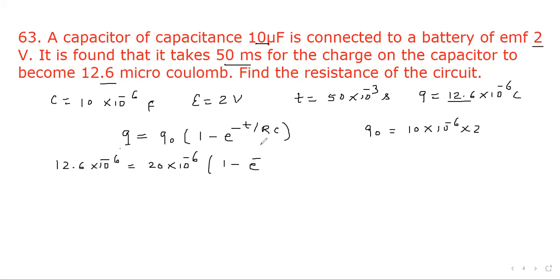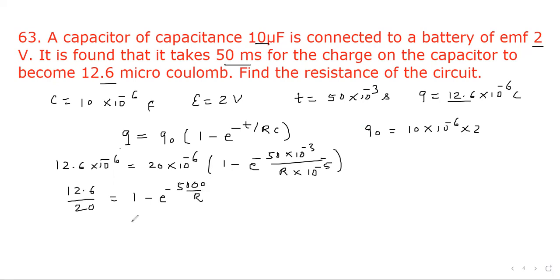T is given as 50 into 10 to the power minus 3 divided by R into C. C is 10 microfarad, so we can write it 10 power minus 5. So this will become 12.6 upon 20 equal to 1 minus e to the power minus 5000 divided by R.